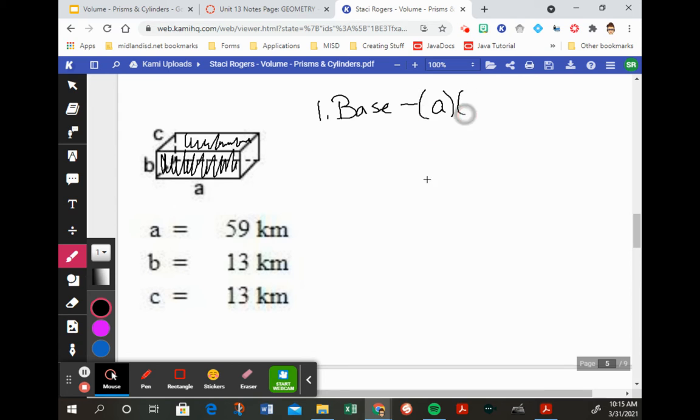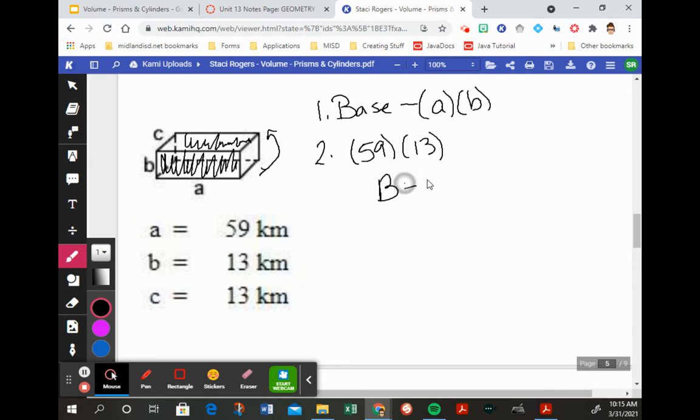A times B. It's laying on its side, so I would have to rotate it up to get off its side. Number 2, I would multiply 59 times 13, which equals 767.